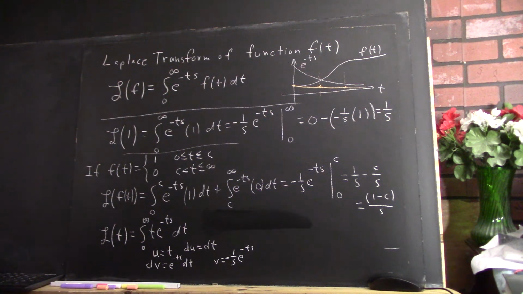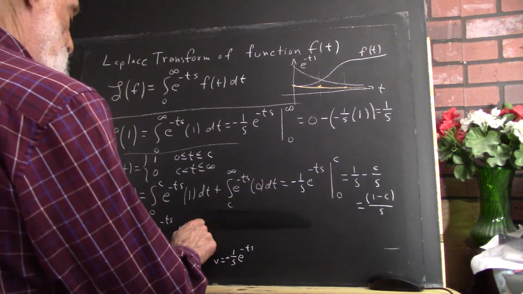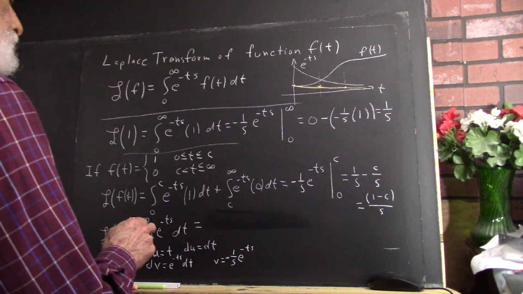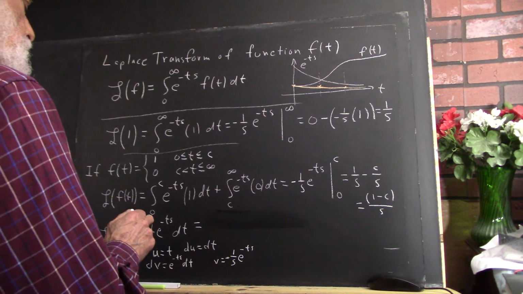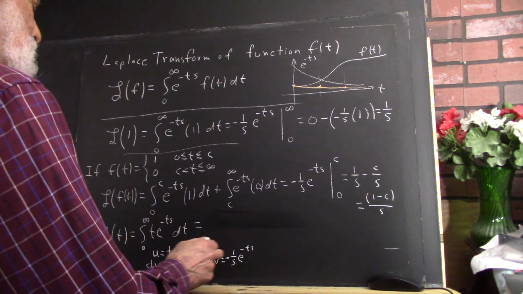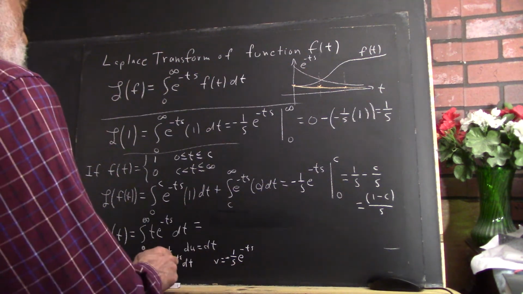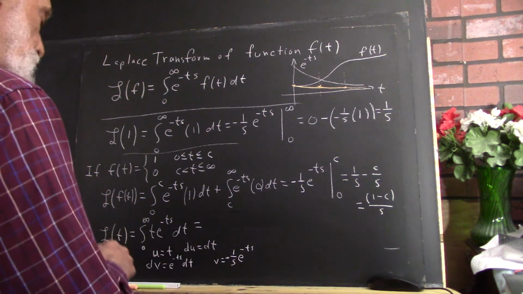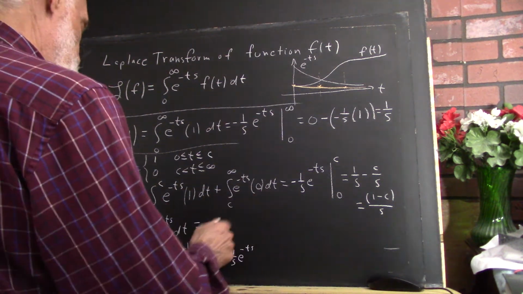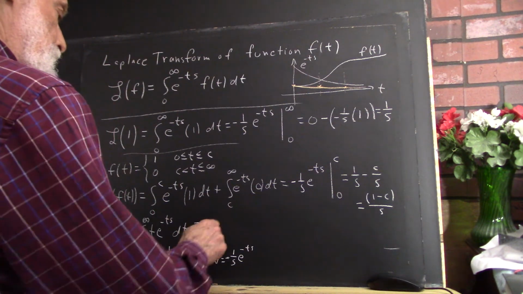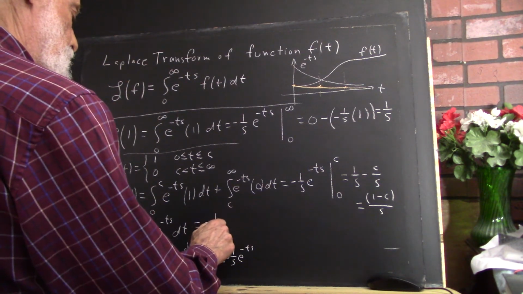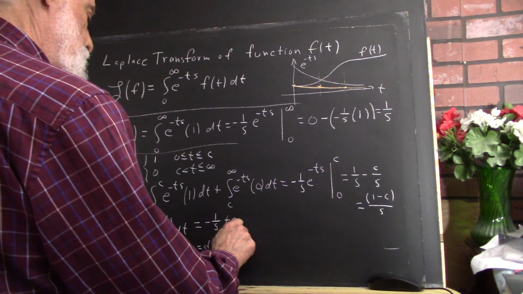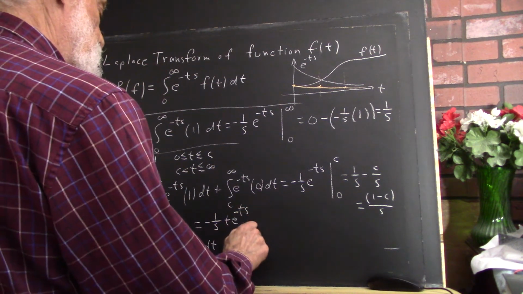Okay, this equals, it's going to be uv minus the integral of v du. So it's uv, and it's not an integral. It's negative 1 over s t e to the negative ts.